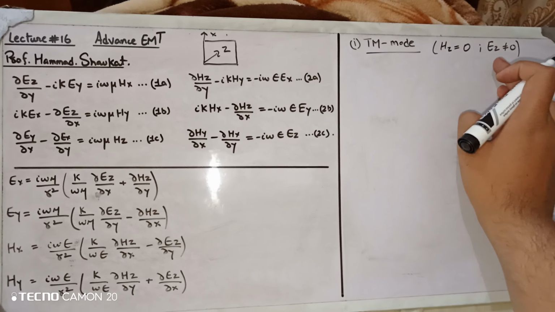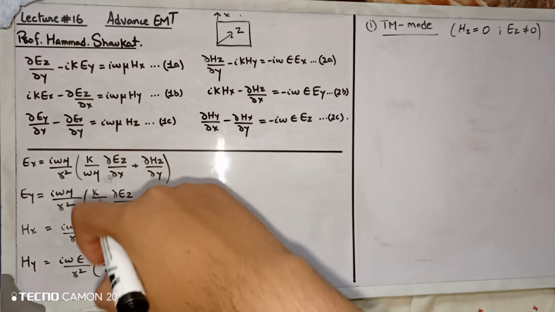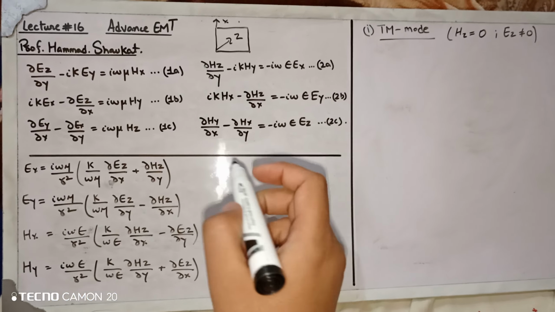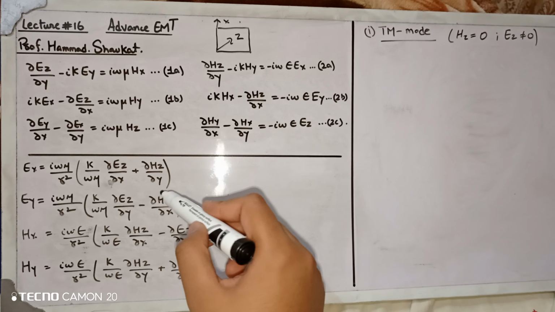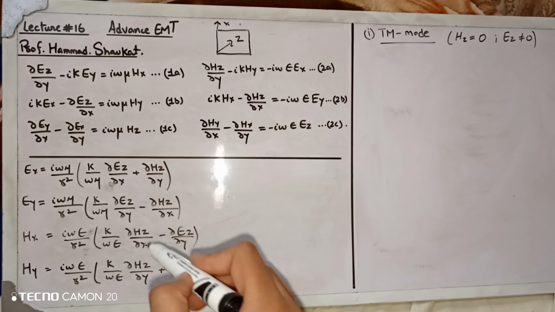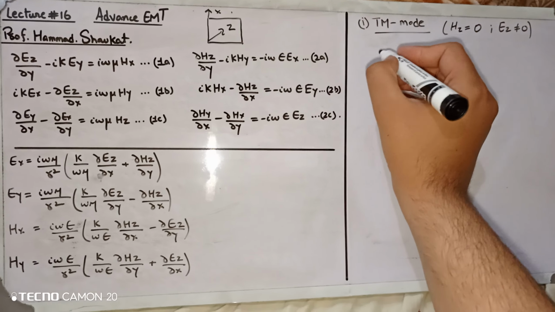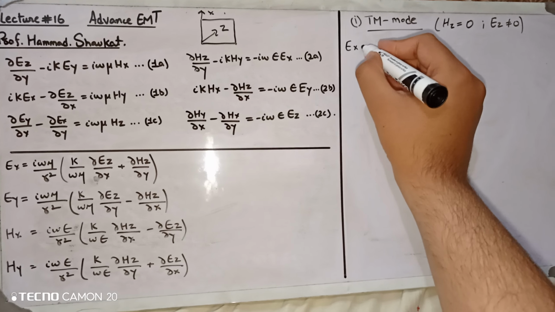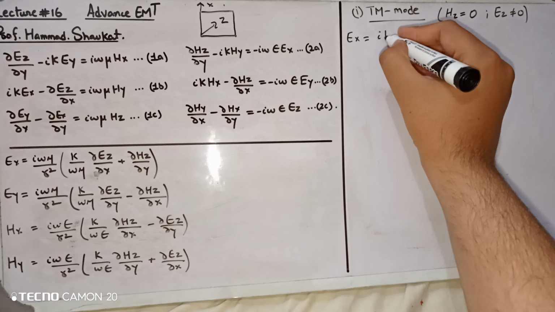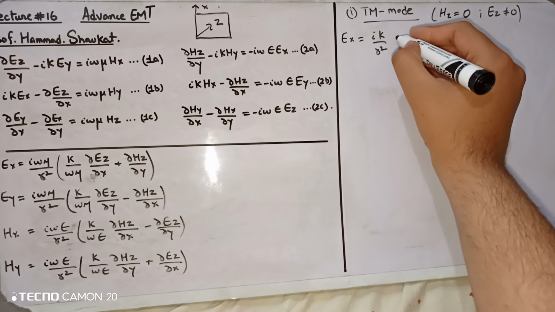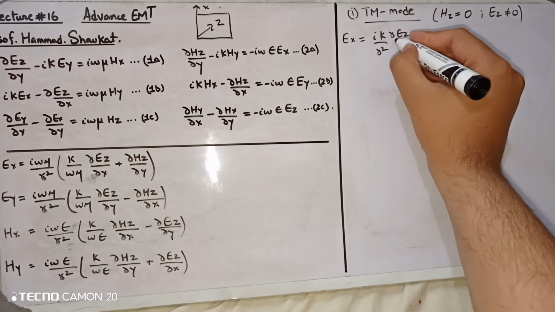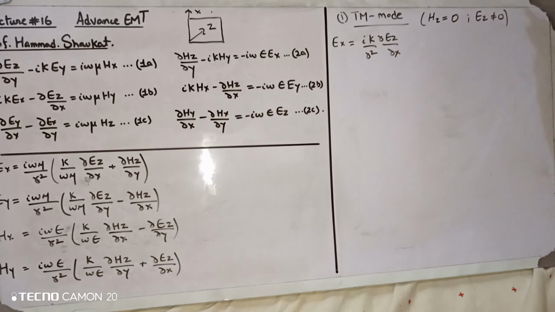So for that, wherever there is Hz in these equations, you have to put it 0. Here you can see Hz, this becomes 0, this becomes 0, and this becomes 0, and your expressions in TM mode can be written as iota k divided by r square partial Ez divided by partial x.